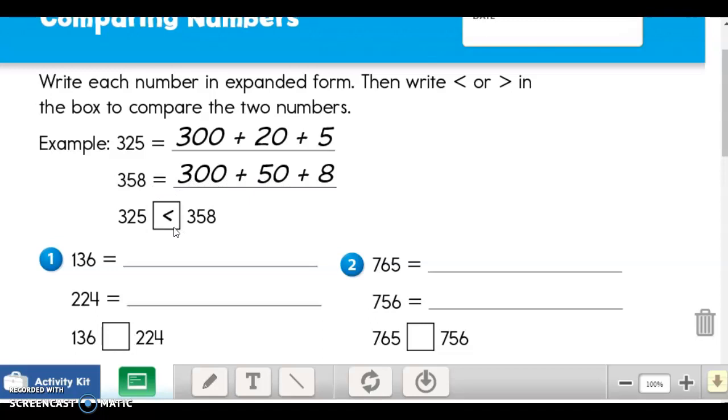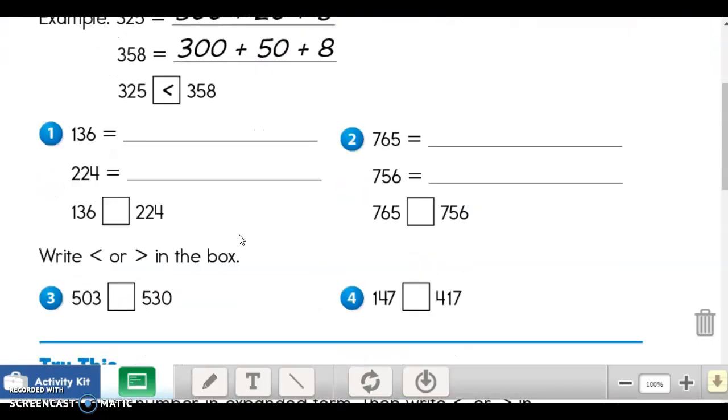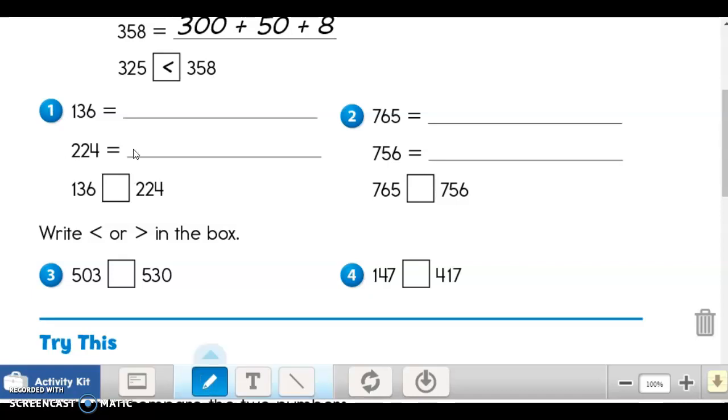Now they're asking us to do less than, greater than, or equal to in this box. Well, the 300, that's the same. 20 and 50, 50 is greater than 20. So 325 is less than 358. All right, let's try this next one together. 136.